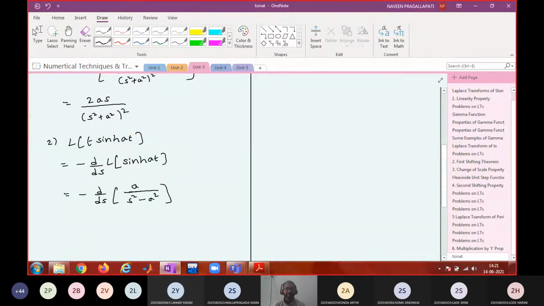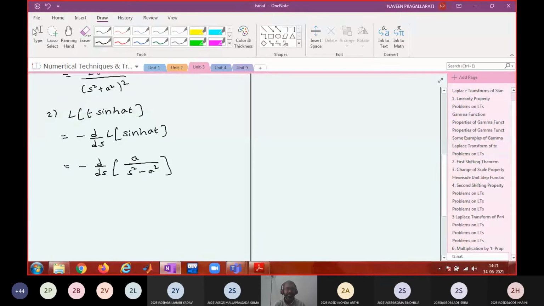Now differentiate and tell me the simplification. Is it not 2as by s square minus a square whole square? Okay, so add this to your formulas list. Laplace of t sinh at is 2as by s square minus a square whole square.